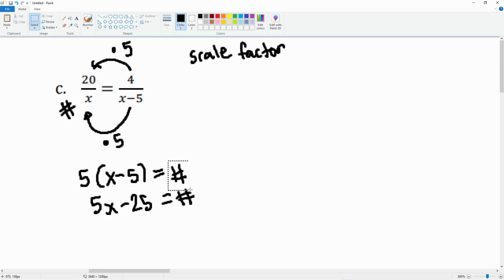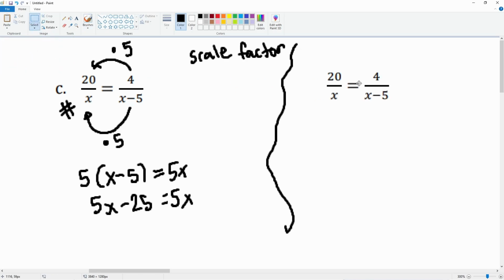So we can just say this is a 5x, right? Do you see here using the scale factor is super weird? Okay, so hold on. I'm going to do it the other way. Let me grab this problem, and I'm going to do the butterfly method here. Hold on.